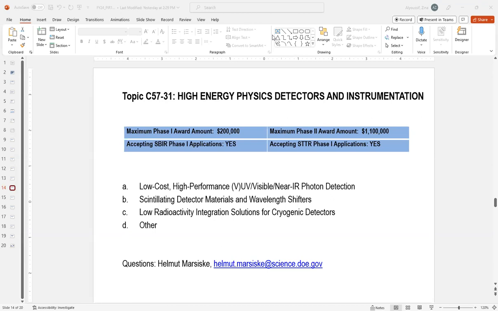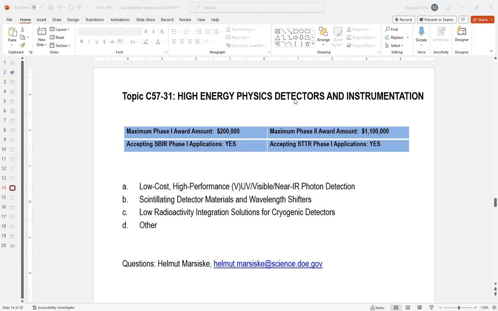And so we're looking for very high radiopurity components for these experiments. And the most concerning contaminants that we need to reduce are potassium-40, thorium-232, and uranium-238.